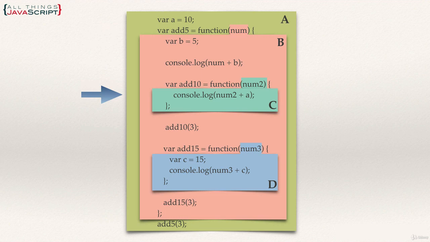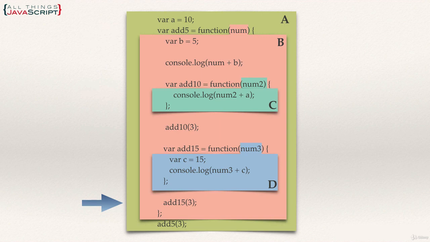So the scope chain stops at the global scope. If A is not found at the global scope, then it is considered an undeclared variable and causes an error. However, it does find A in that scope. It returns the value and then prints out 3 plus 10, which is 13.